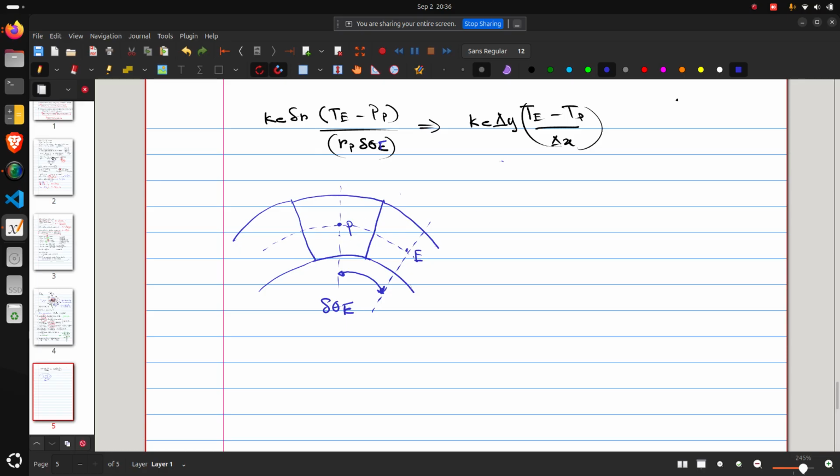So now we have to find the gradient between these 2 points, right? So comparing it with the Cartesian coordinate system, what do we get? We have P, we have capital E, capital W. This is nothing but delta XE.